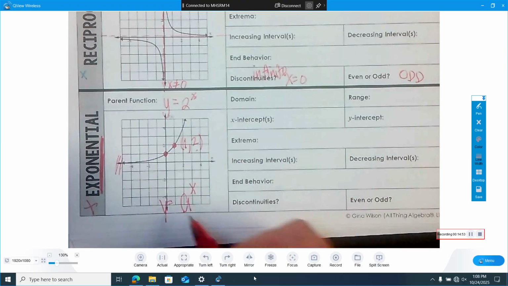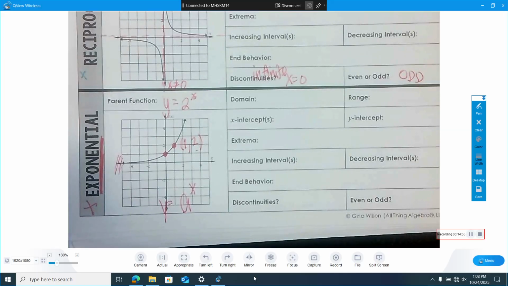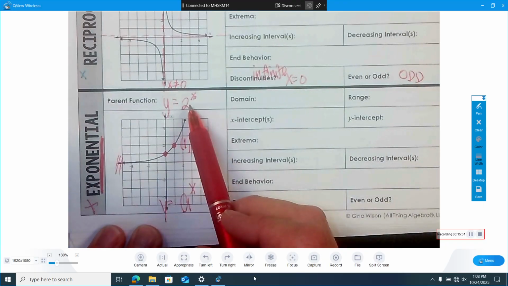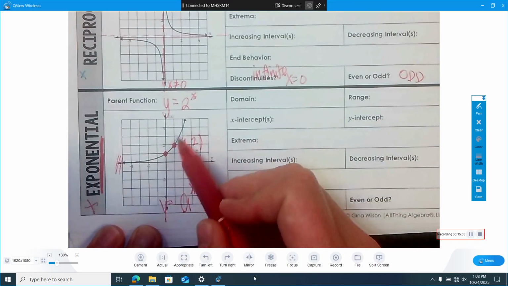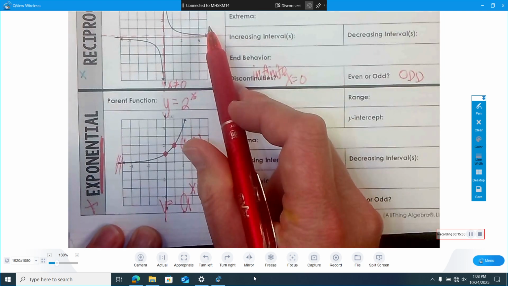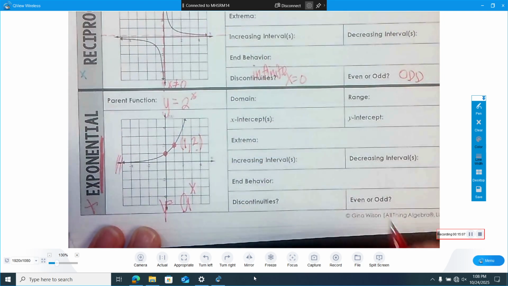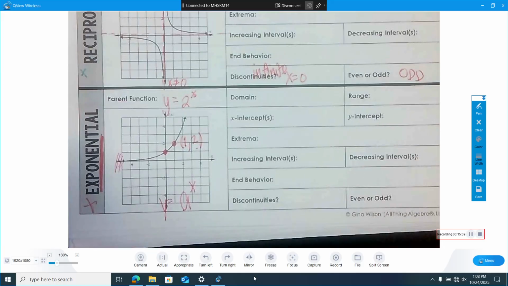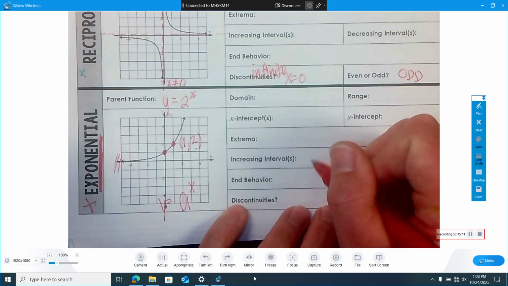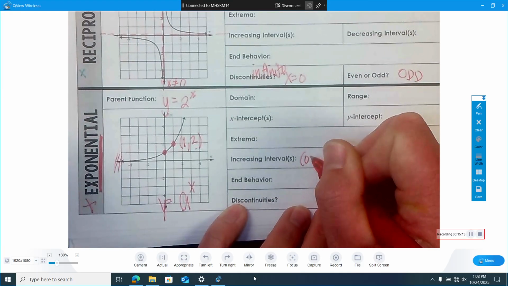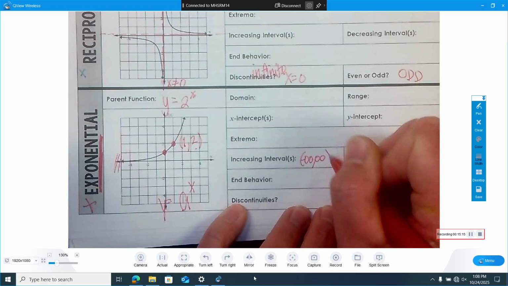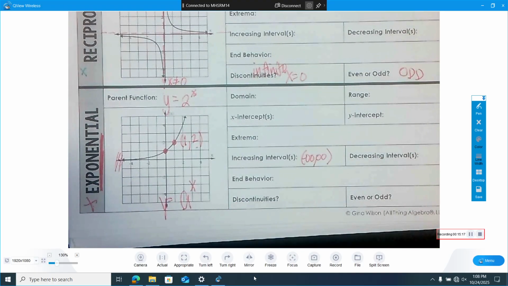So it could be 3 to the x or 4 to the x or 2.3 to the x. This is called exponential growth because it is growing. It is increasing over its domain, for that whole thing.